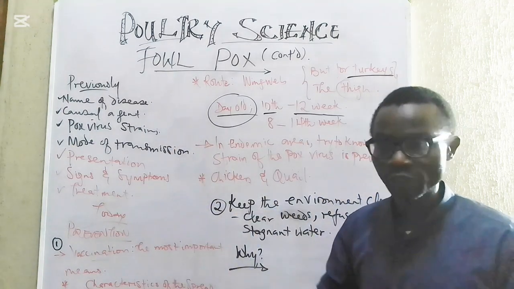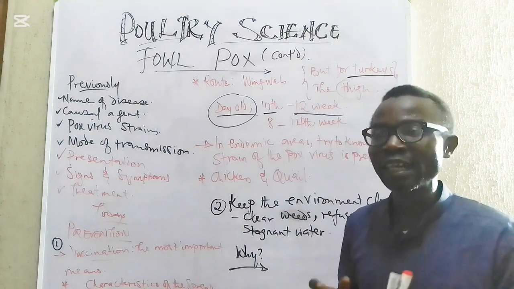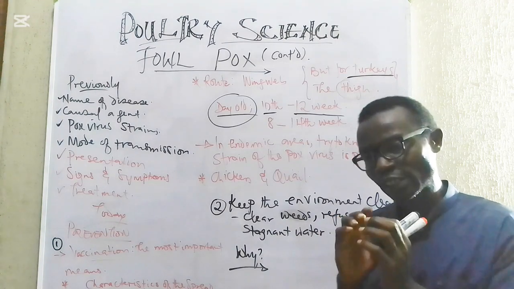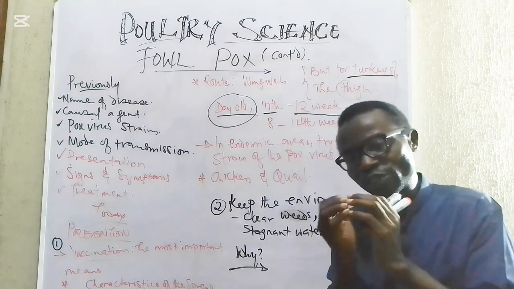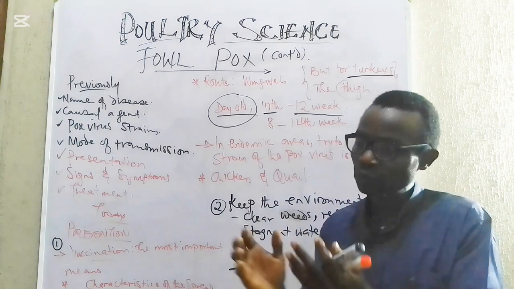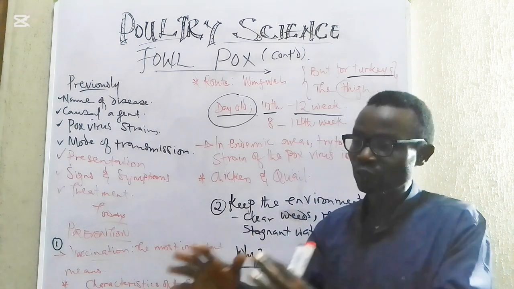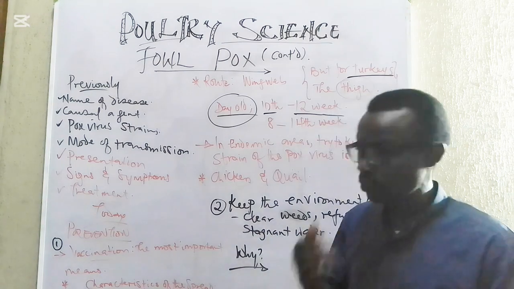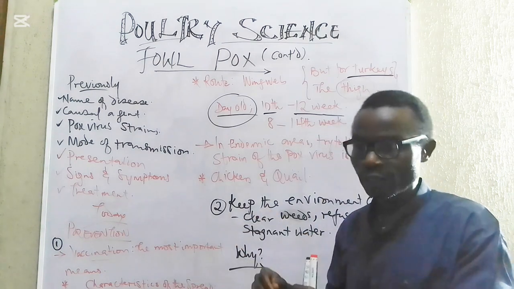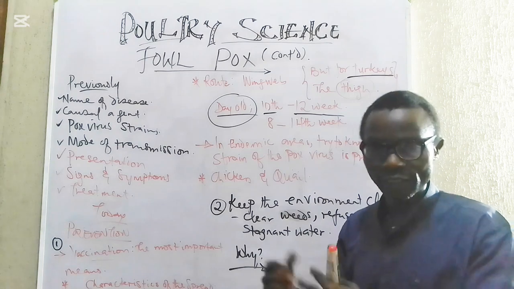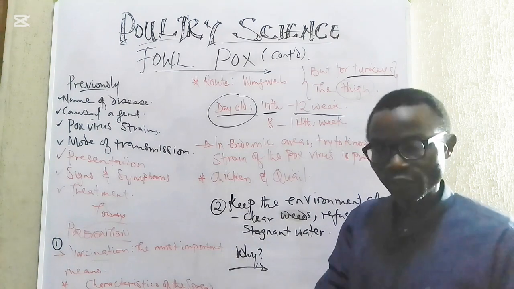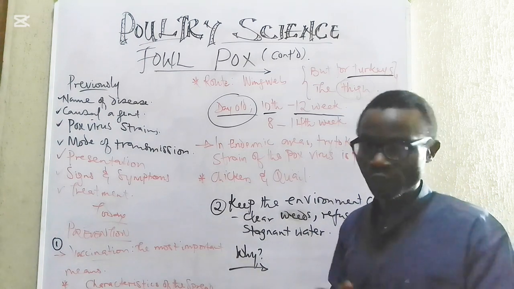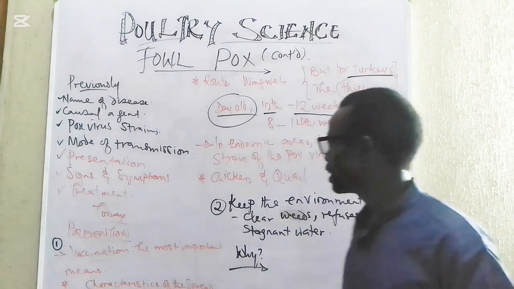There are different strains of it, meaning there are different ways the virus can change. It changes itself so that it can affect a particular set of poultry birds, like some that affect turkey and pheasants, so it may not affect chicken, and some others that affect chicken may not affect these. That's what we're talking about in terms of strains.